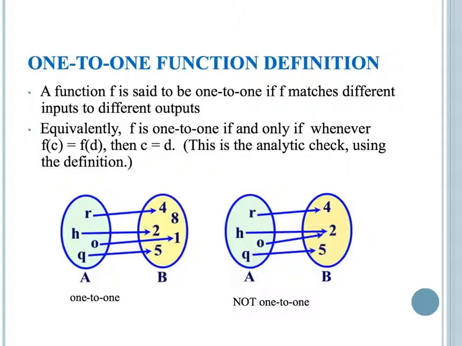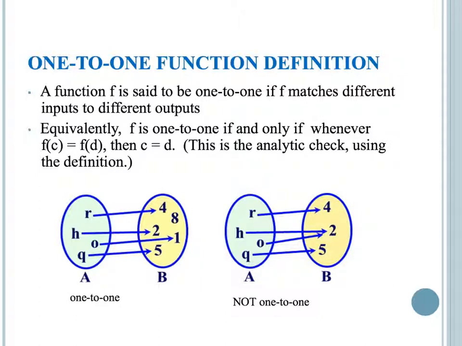When we're talking about having an inverse, we have different inputs with different outputs. That's saying we have a one-to-one function. And we're going to talk about this: f of c equals f of d, so c equals d. This is going to be our analytic check, and I'm going to show you how to do this when we get to some of the examples.